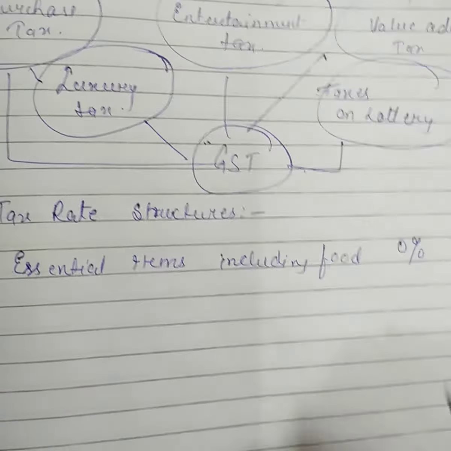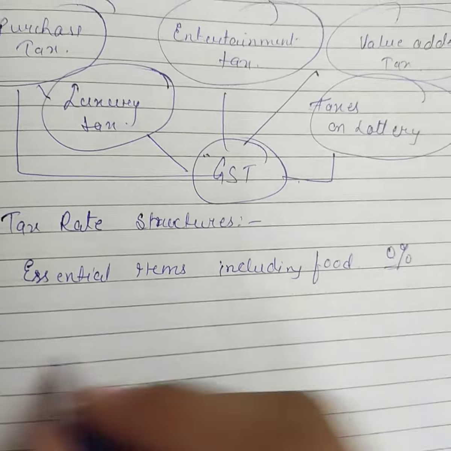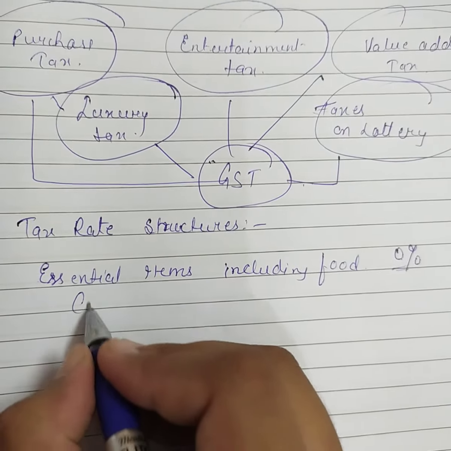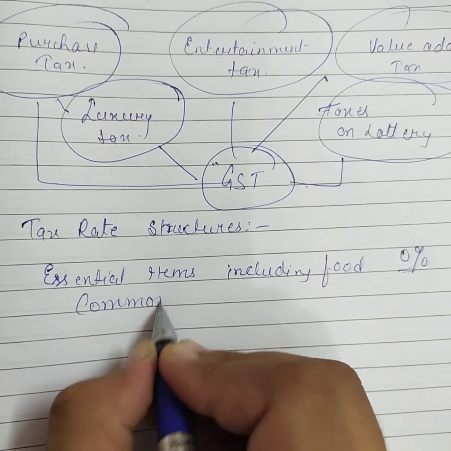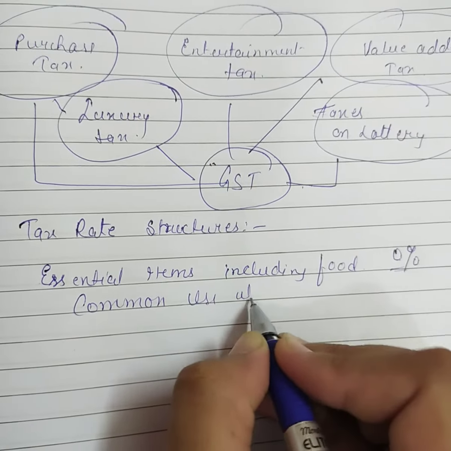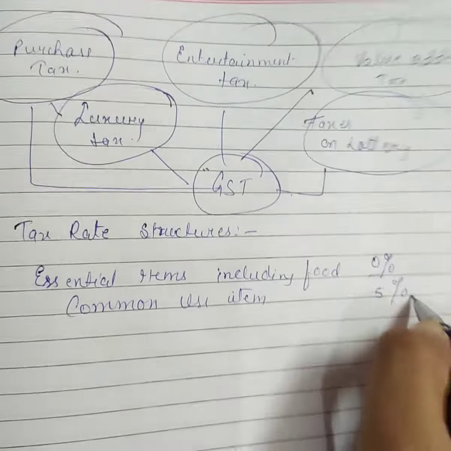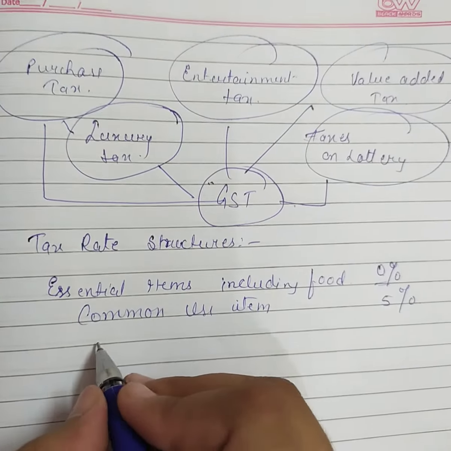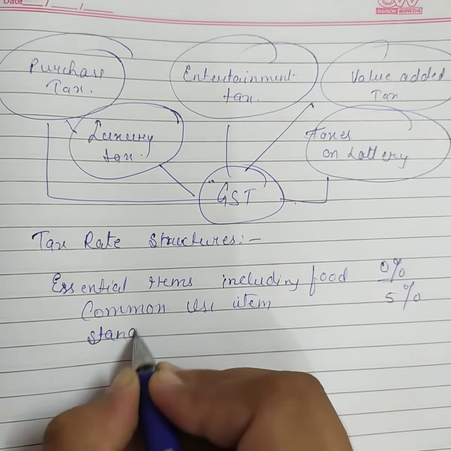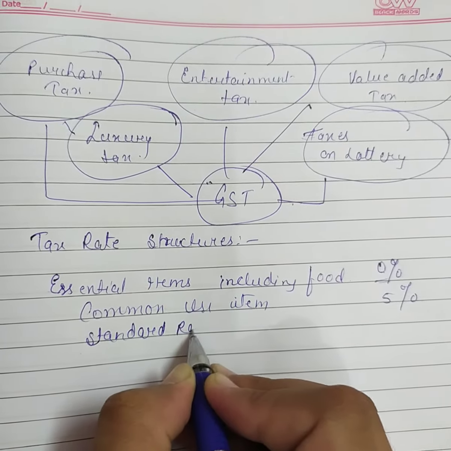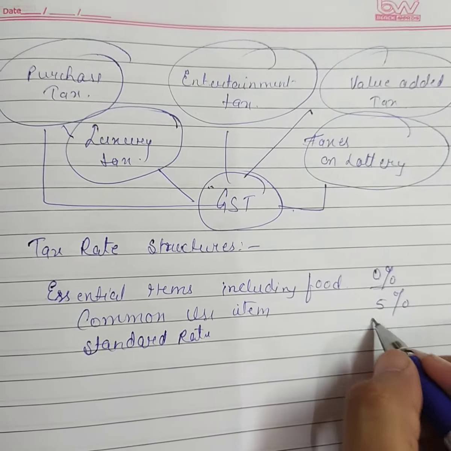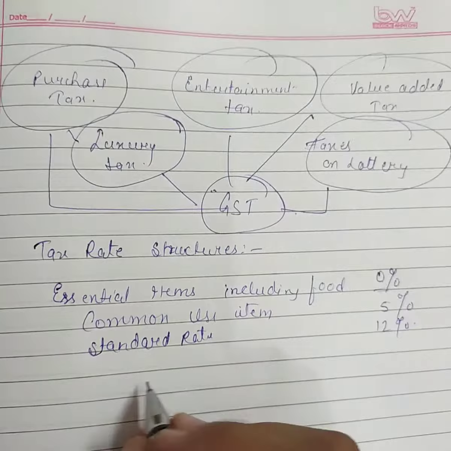0%. Okay, the tax rate is 0%. After that, common use items are charged 5% tax. After that, the standard rate is 12%.